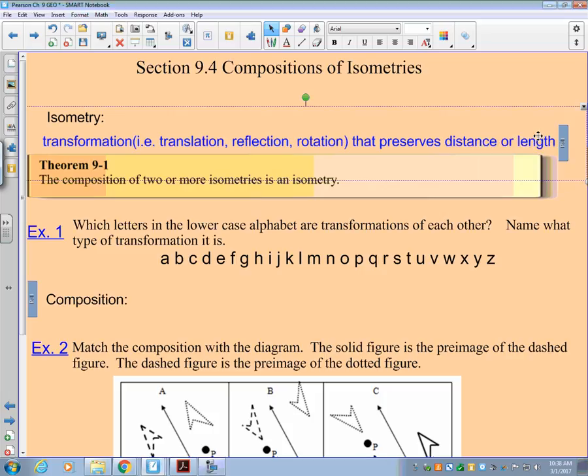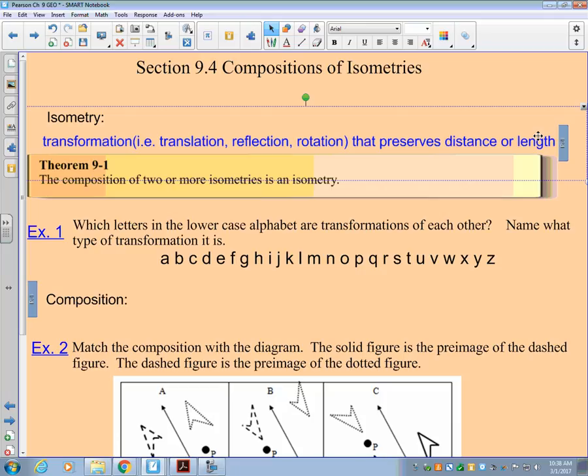Okay, so you guys, we are going to learn about compositions of isometries, embedded in 9.4. We need to define isometry.